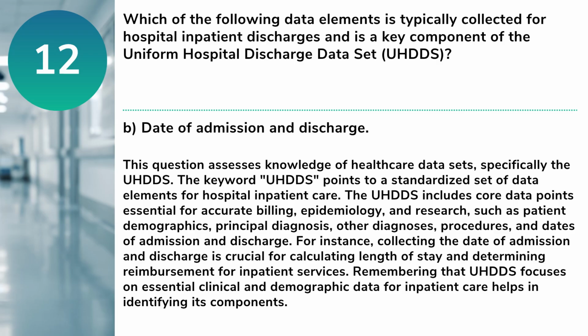For instance, collecting the date of admission and discharge is crucial for calculating length of stay and determining reimbursement for inpatient services. Remembering that UHDDS focuses on essential clinical and demographic data for inpatient care helps in identifying its components.